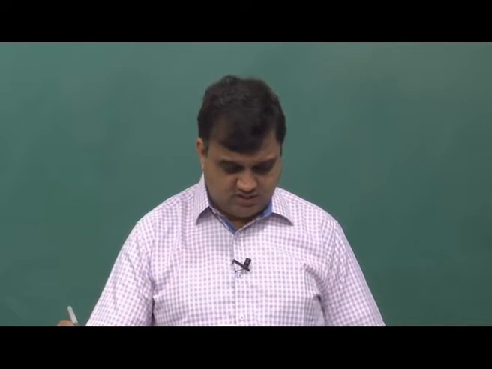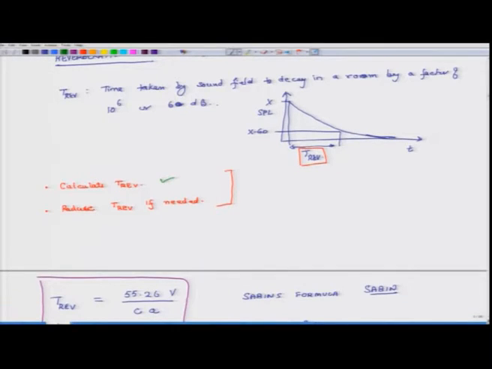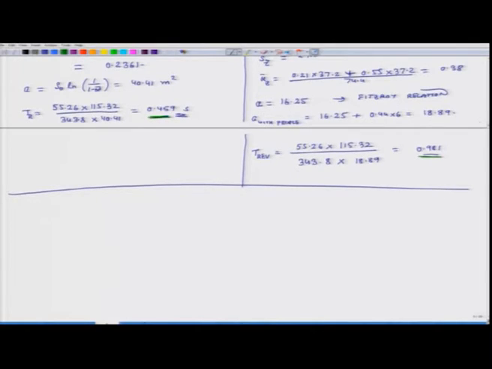So, as I had discussed earlier, calculate T rev, we know how to do that, and the second thing is reduce T rev if needed, and the only way to understand whether we have to reduce it or not is we have to have a target reverberation time. So, how do we know what is the reverberation time for the room which is desirable?